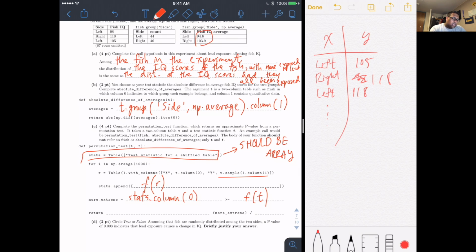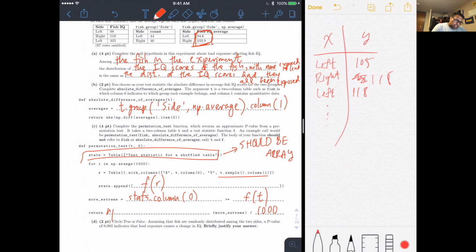And f of t would be this difference here, right? And so now this will give us the number of times, rather, that in our 1,000 samples, the difference was this value or greater. It was greater than 103.9 minus 94.6. And for the probability, we divide always by the number of trials that we had, which would be 1,000.